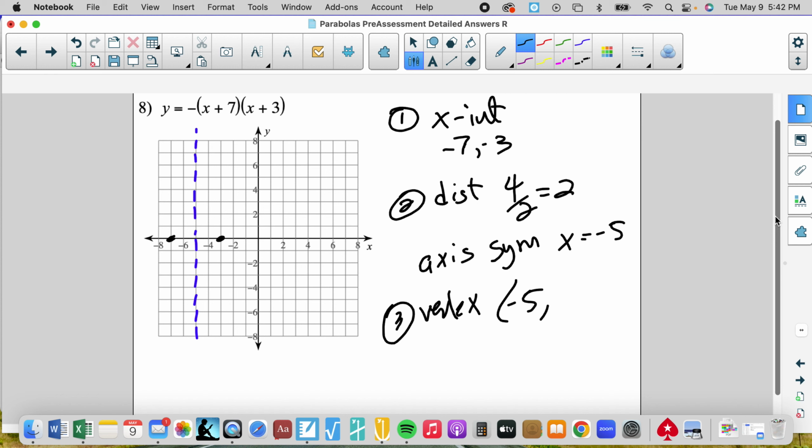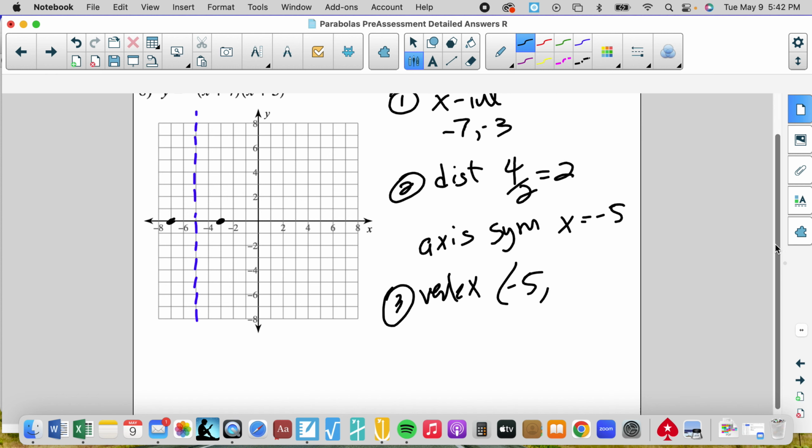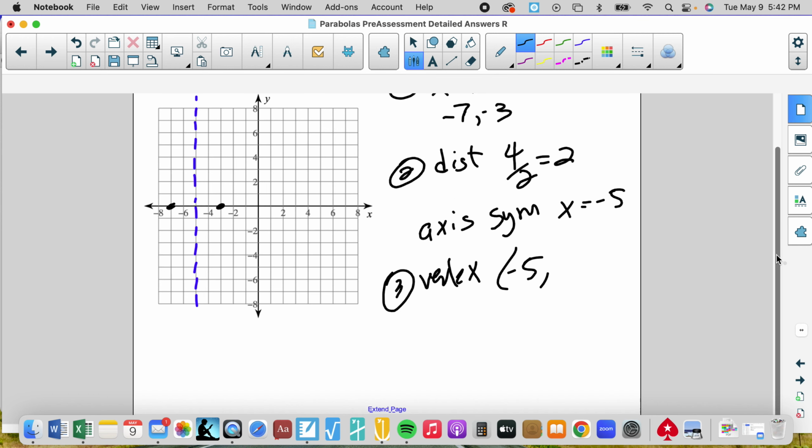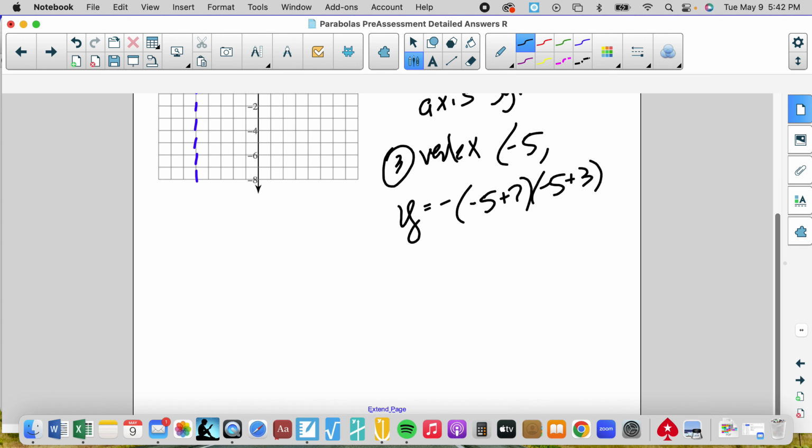Now we're going to plug in -5. I should also notice that my a is -1, so it's going to be upside down. So when I plug in -5 for x, I have -5 plus 7 and -5 plus 3. So -5 plus 7 is 2. -5 plus 3 is -2. 2 times -2 is -4.